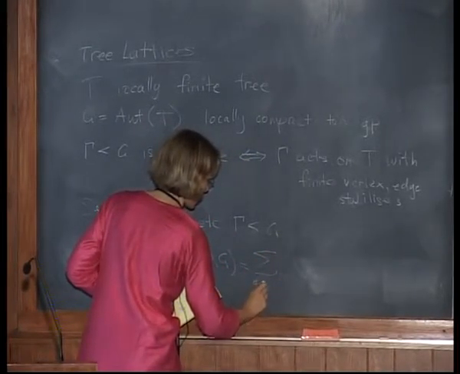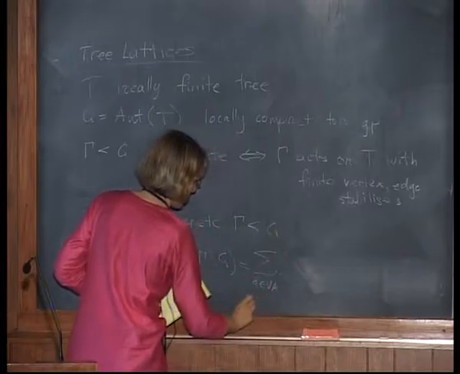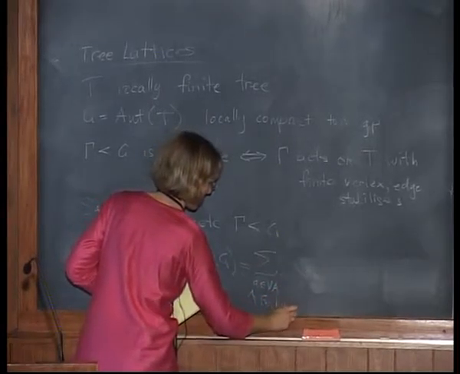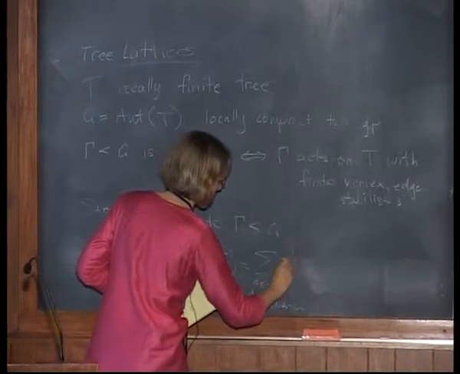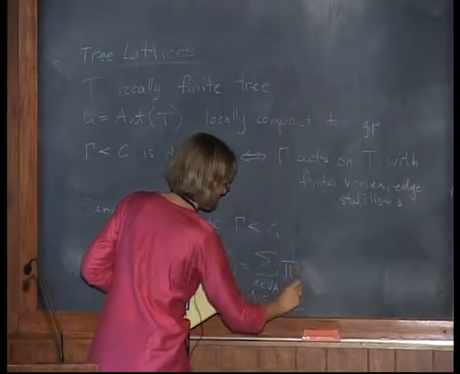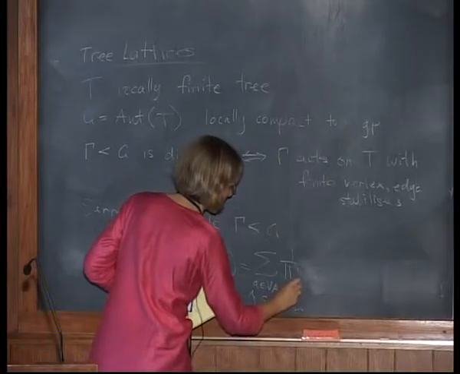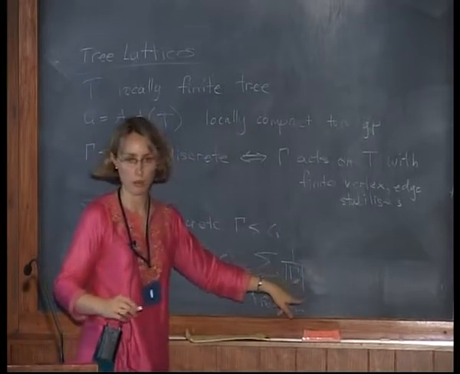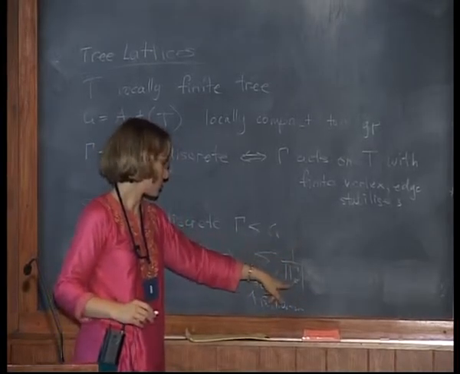We're going to sum over the vertices of some fundamental domain, and we'll sum 1 over the order of the stabilizer of that vertex in gamma. So gamma is discrete, so this is a finite group here.